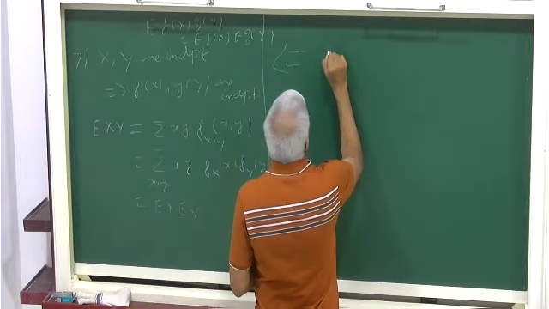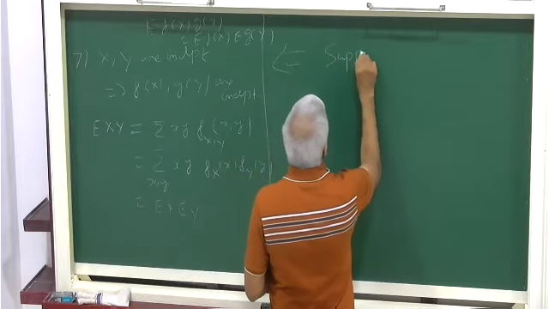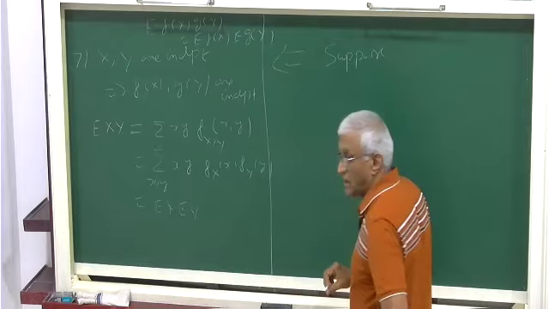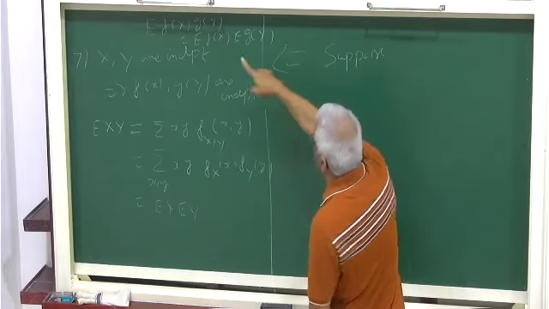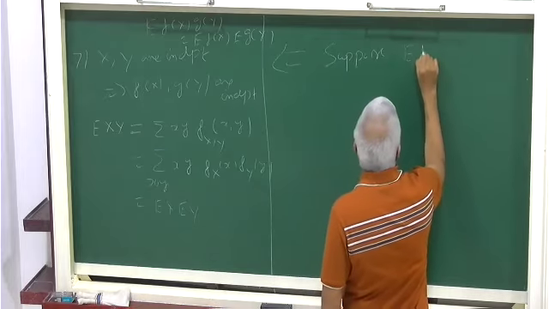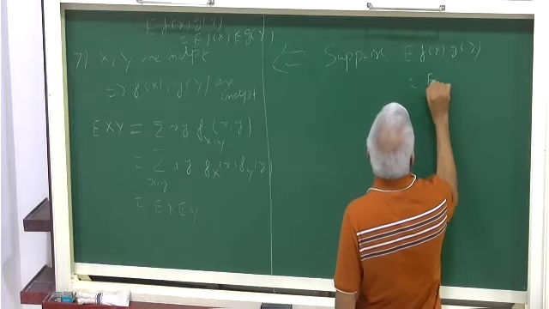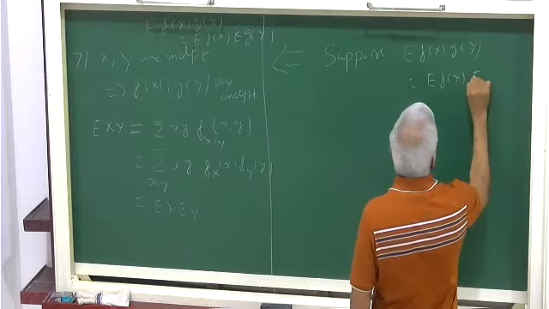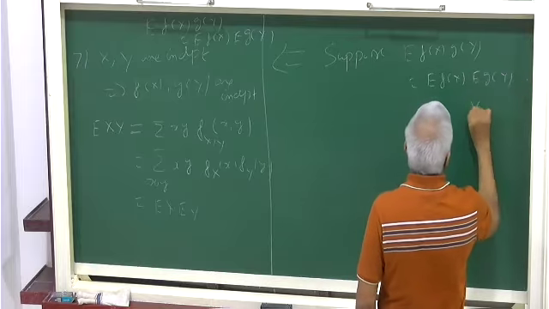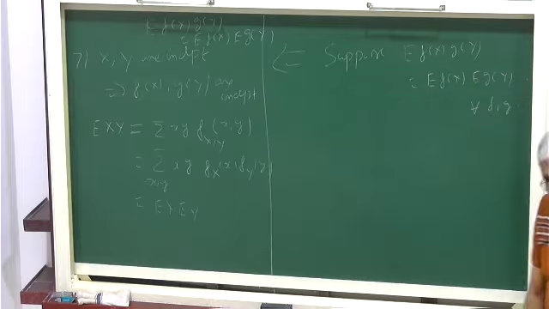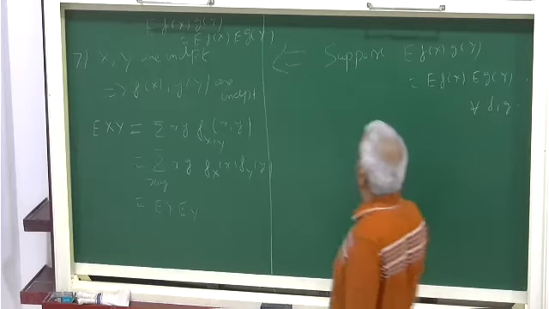Now the other way is the non-trivial one. Suppose this condition is satisfied: e of f of x, g of y equals e of f of x, e of g of y for all f and g. In particular, we can take what is called an indicator function.